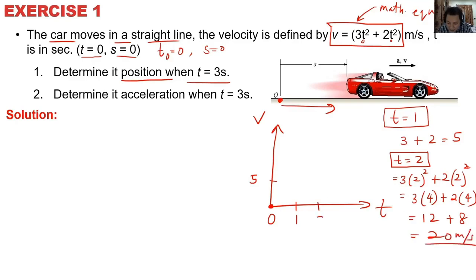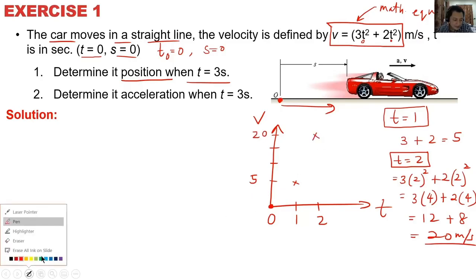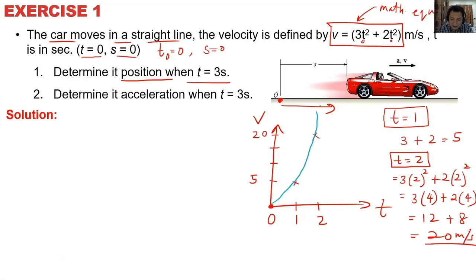So at 2 seconds, it jumped already. From the original here, 5, 10, 15, 20. 20 is here. It jumped to here. So if you were to plot this graph, it's going to be exponential like that. So this graph is the graph of v is equal to 3t squared plus 2t squared.